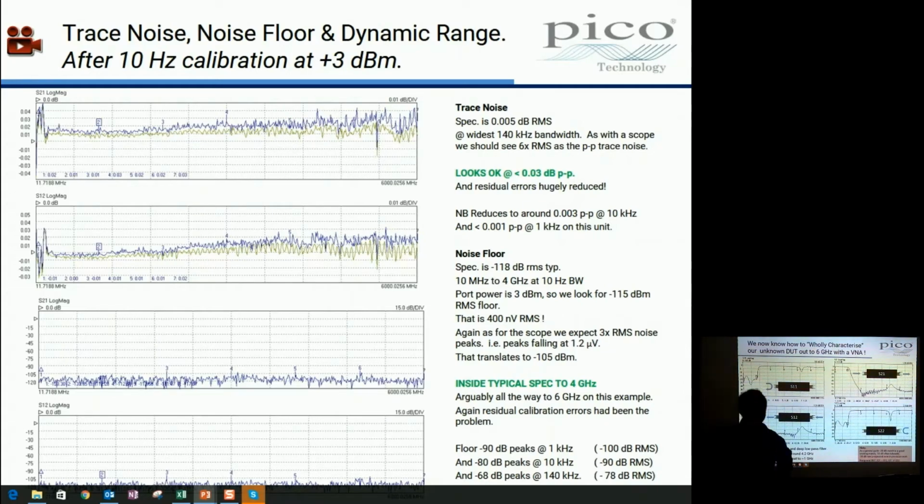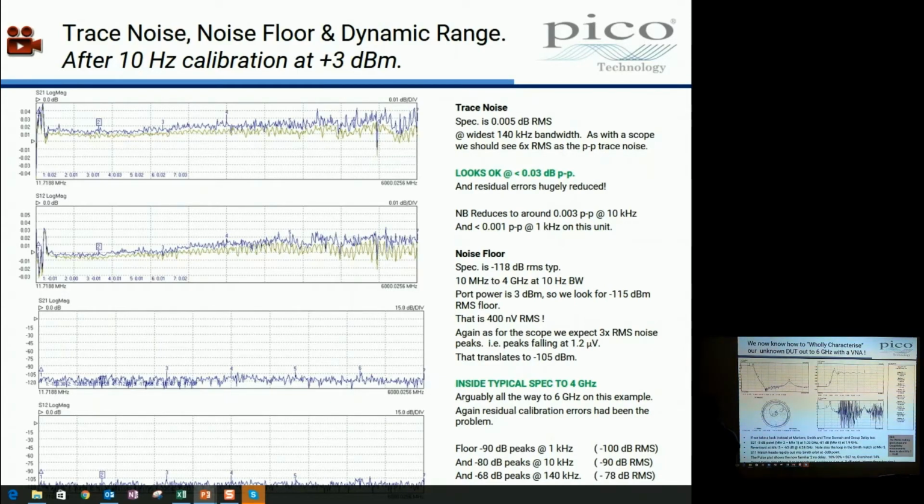It always depends on what you're doing, and maybe sometimes you need minus 30. You're probably never going to see minus 40. It really doesn't get that good very often. And as we said, the device is reciprocal.